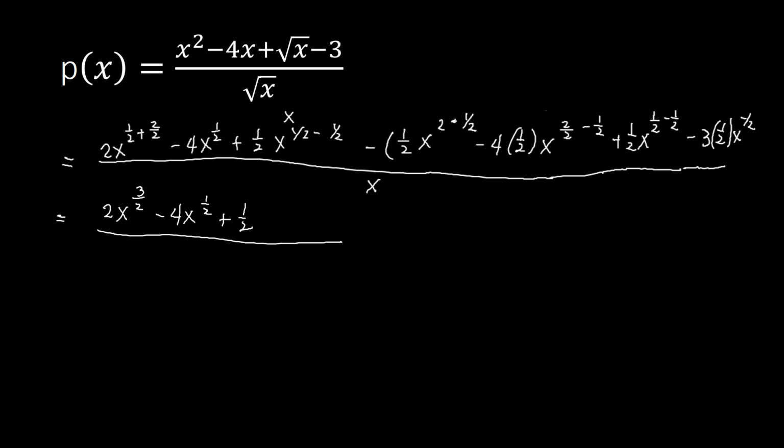And then this time we are distributing our signs here, a negative sign. So everything inside here will be changing its sign. So we have a minus 1 half. And then x to the power of 2 minus 1 half.